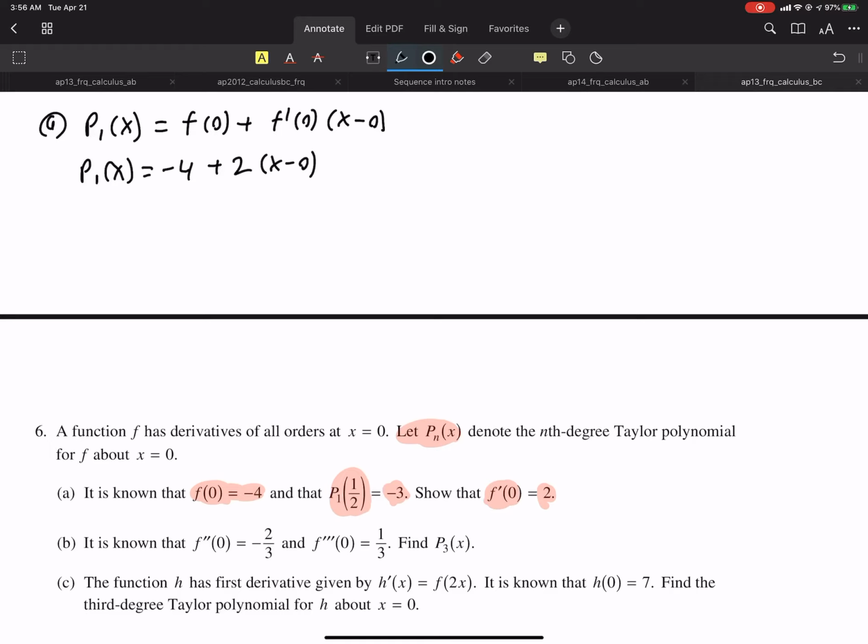We're trying to show it's 2. We don't know that. So we're going to leave that as f prime of 0. And then we have x. So we know this value at 1/2. So we're going to replace all the x's with 1/2. Then we're going to replace P1 of 1/2 with -3.